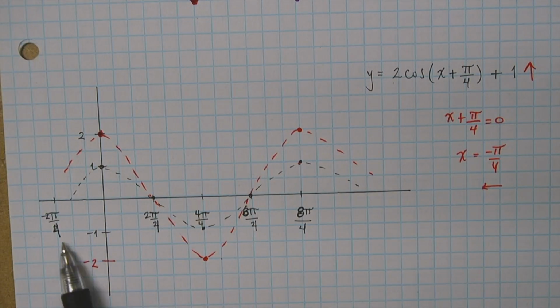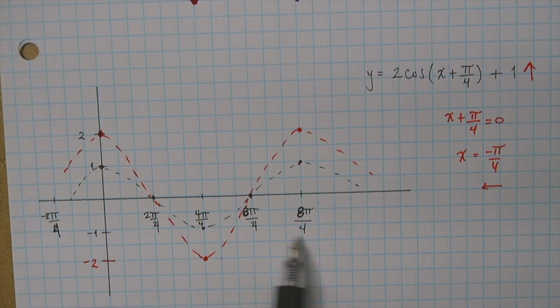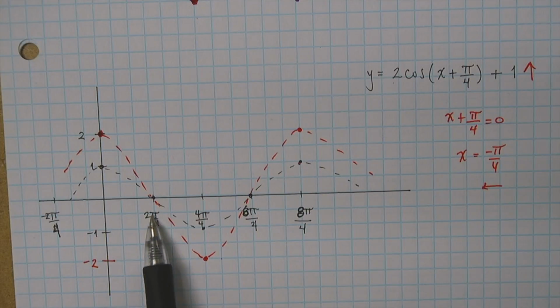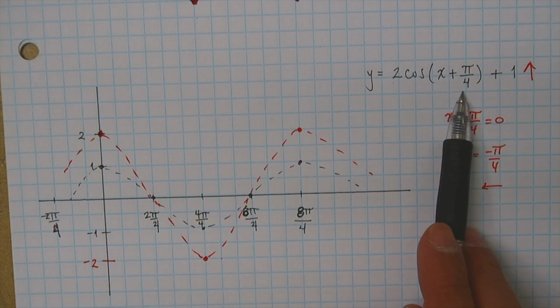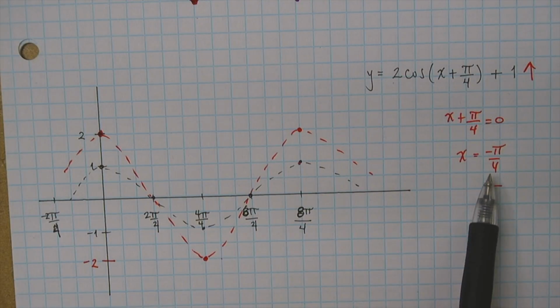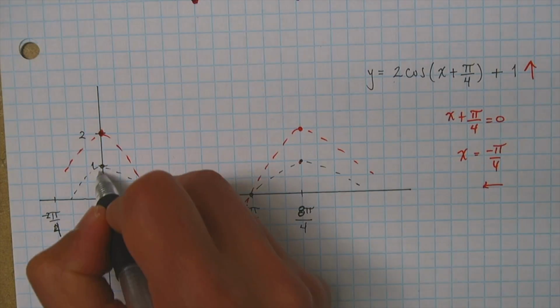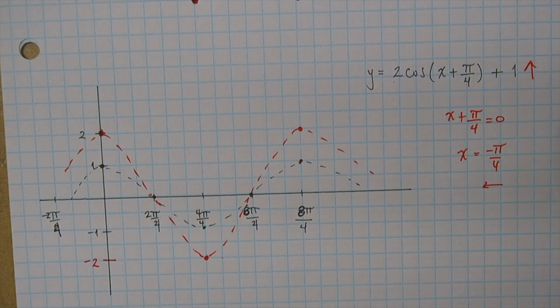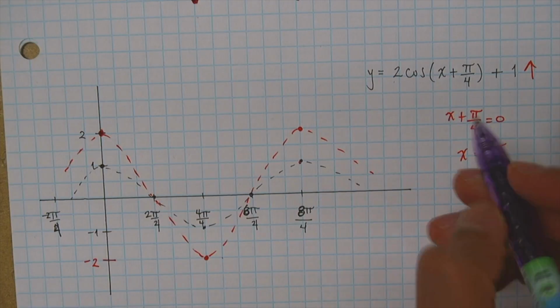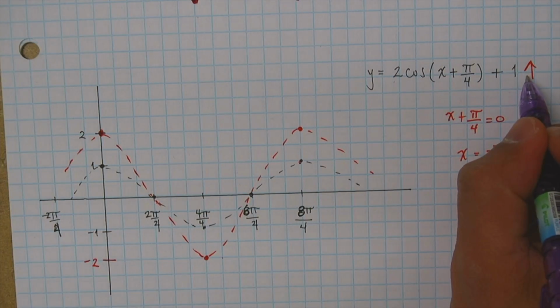So now I have a reference, okay? It's almost like I'm zooming in, now I have denominators of 4, and now this makes a lot more sense. So if I'm going to move each point negative pi over 4, and I know this is 2 pi over 4, I'm going to go halfway. So let me take each point over here. This guy over here, I'm going to move him left, and I'm also going to move him up 1 unit.